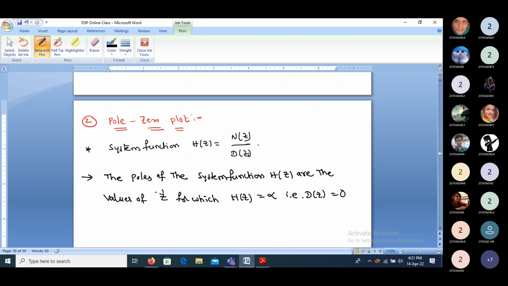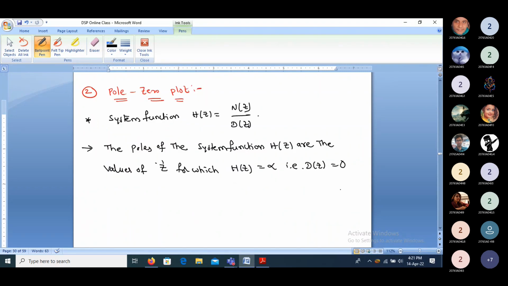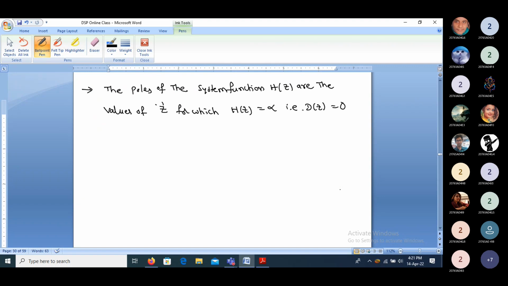All those values of z are the poles of the system function. If it is a second order system function, 2 poles exist. If it is third order, 3 poles exist. So that is d of z equal to 0.